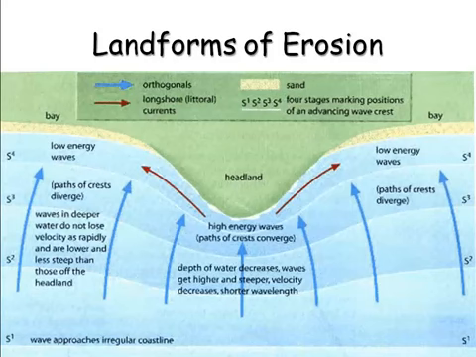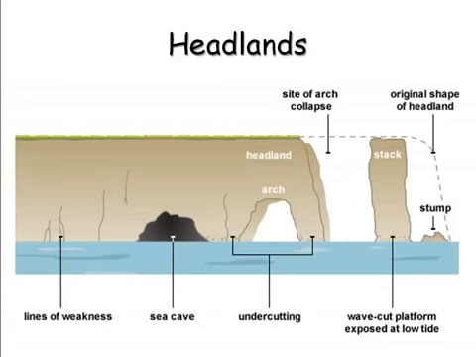So once headlands are exposed to these higher energy waves, where the paths of the crests, the orthogonals, converge, they tend to follow a very characteristic sequence of erosion through different types of landforms. Thing to bear in mind is they're not just being attacked from the front, but as the paths of the crests converge, they'll start to erode from the side as well, which is how we're looking at this headland, from the side on.